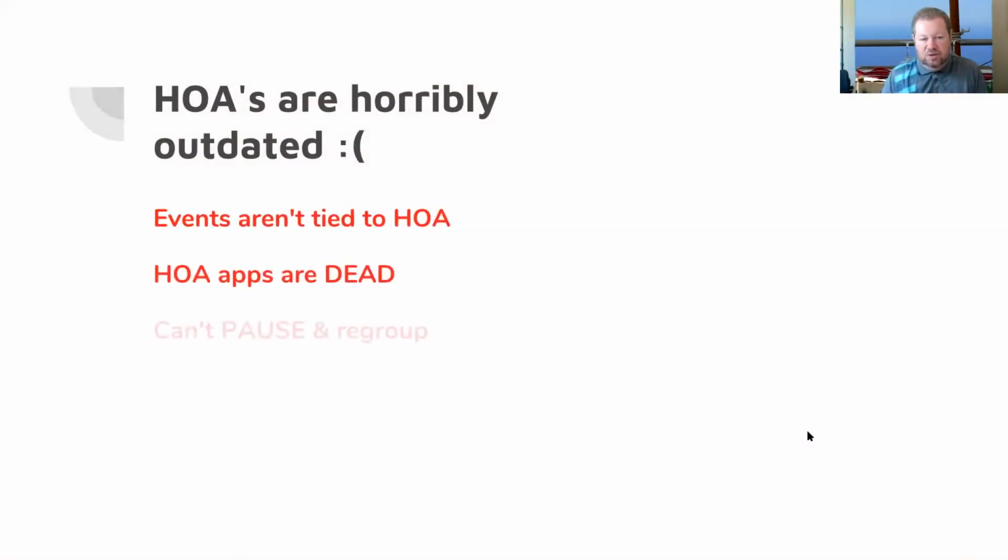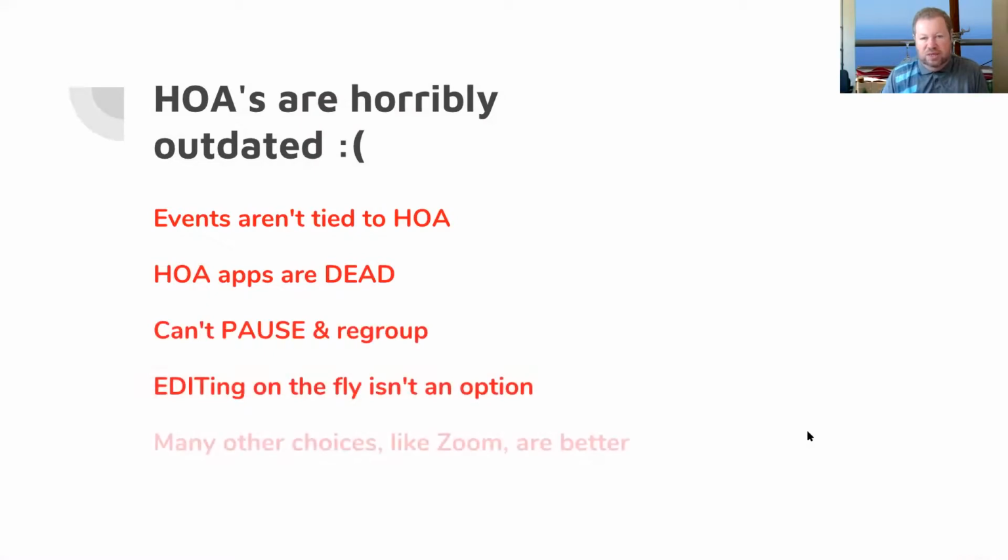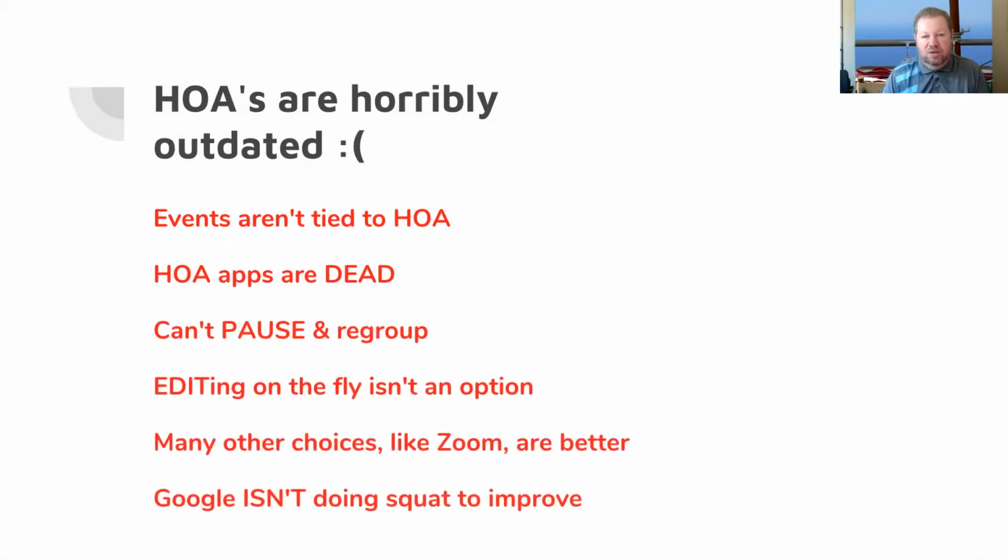So the HOAs are outdated. Events right now are available. They brought them back to Google+, but they're totally bastardized. They're basically just a bastardized version of the old events.